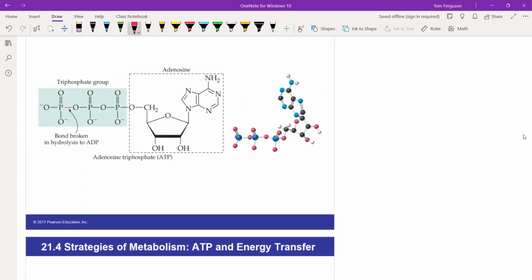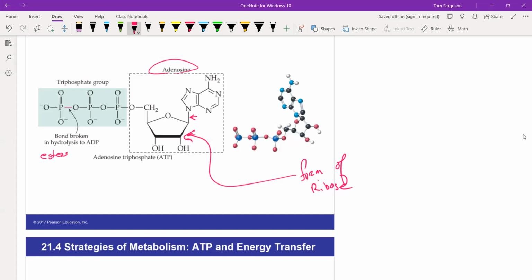So this is what the adenosine looks like. This is a form of ribose. And the main difference is this guy here. Instead of being a hydroxyl group, it's attached to this molecule up here, this heterocyclic nitrogen molecule. And these are esters.